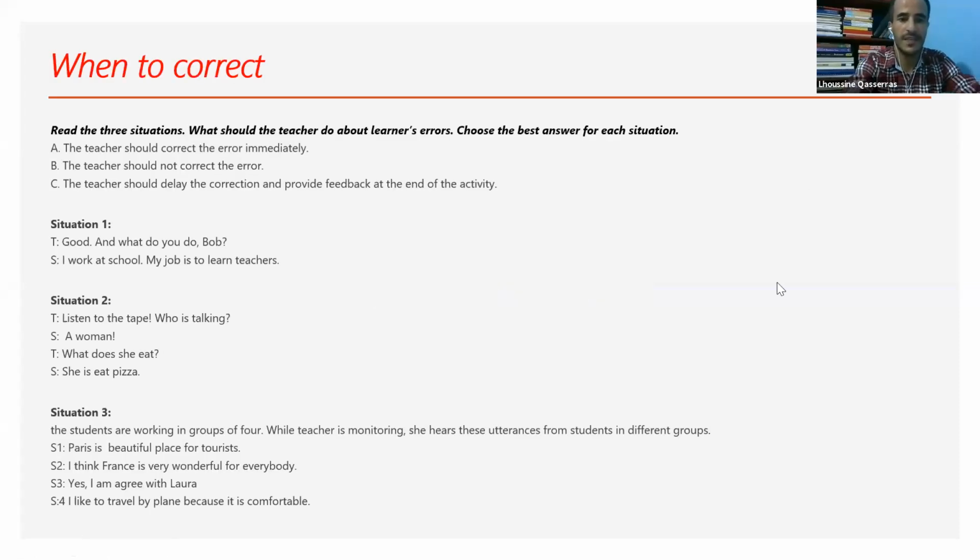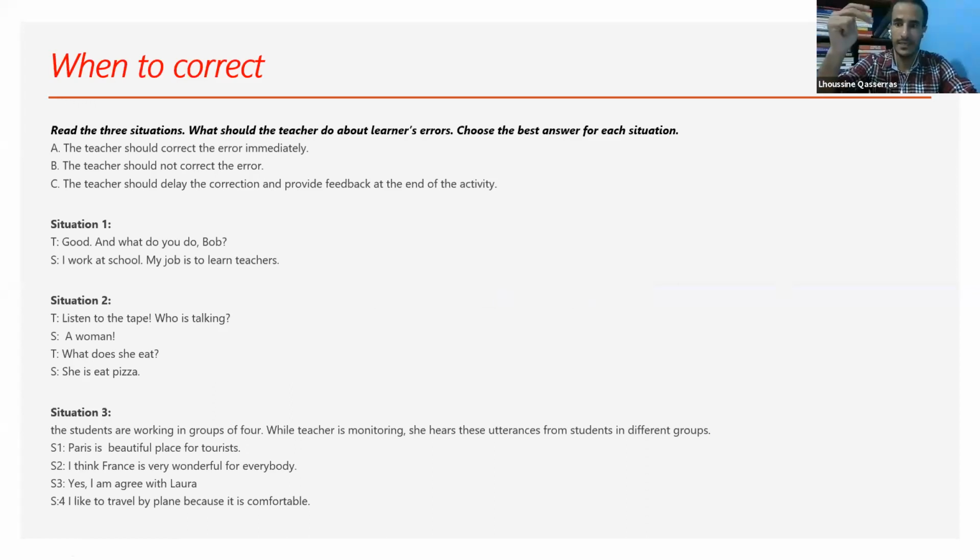Now here, when to correct. Read the 3 situations. What should the teacher do about learners' errors? Choose the best answer for each situation. A, the teacher should correct the error immediately. As Linda said, on the spot. It's number 1, when?